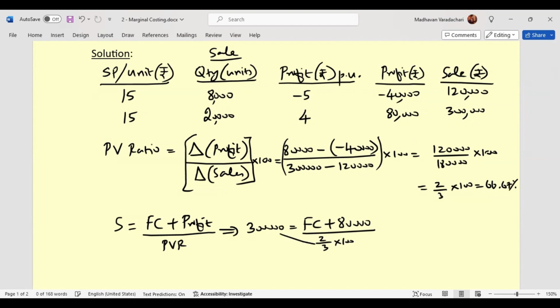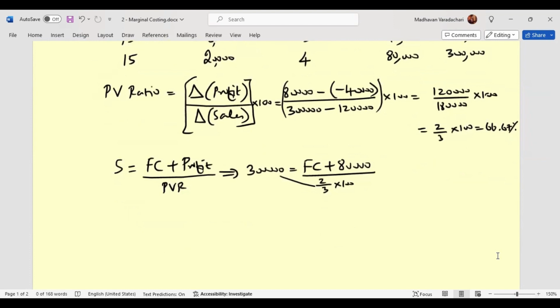Then we will cross multiply. We will have fixed cost will be 3 lakhs multiplied by 2 by 3 multiplied by 100 minus 80,000.